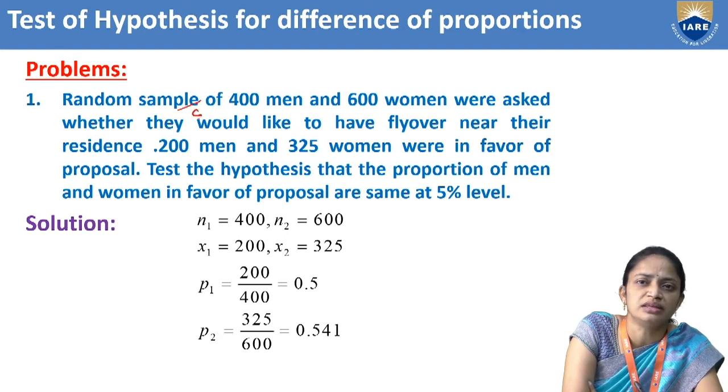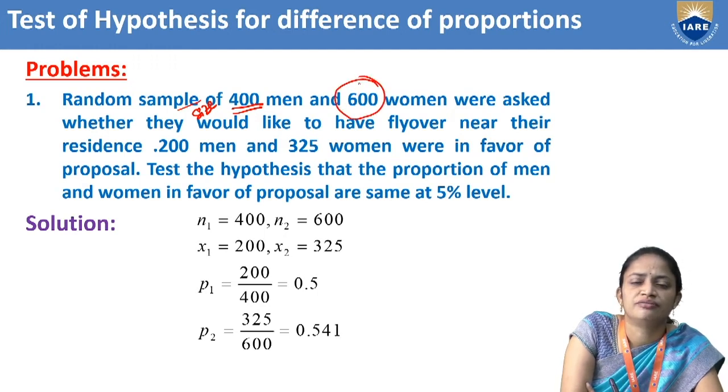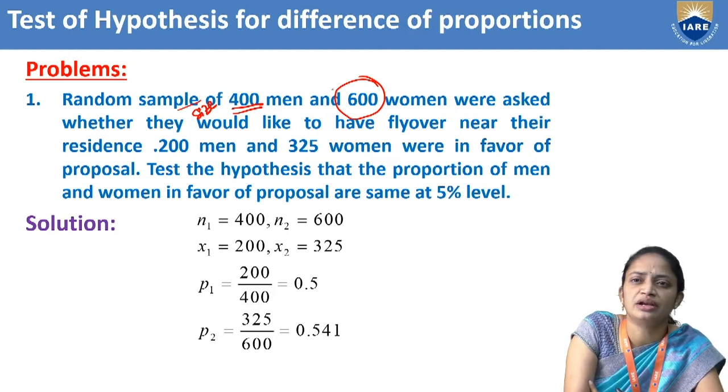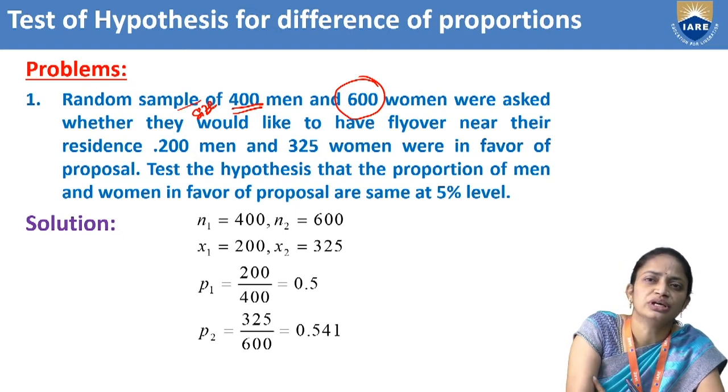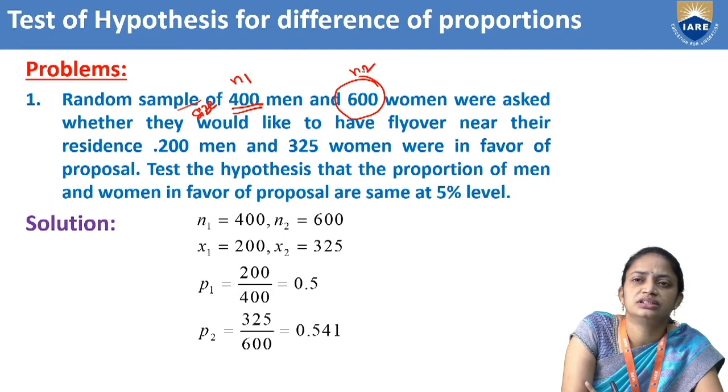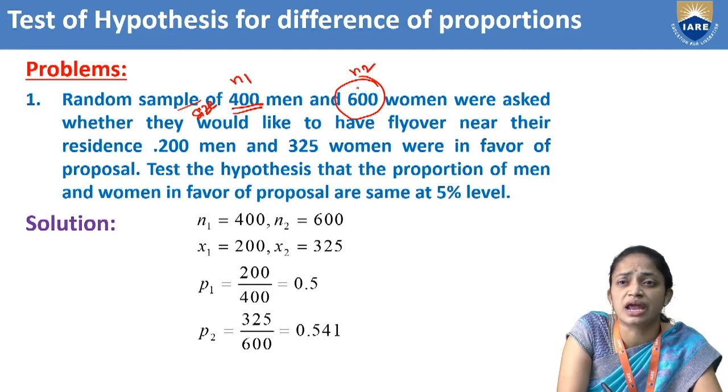Coming to the question, the random sample means the sample size. Here the sample size is 400, and we have one more sample: a random sample of 400 men and 600 women. So the random sample for men, let us consider, is n1, and the random sample for women is n2.